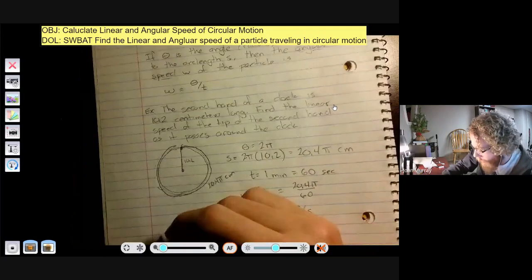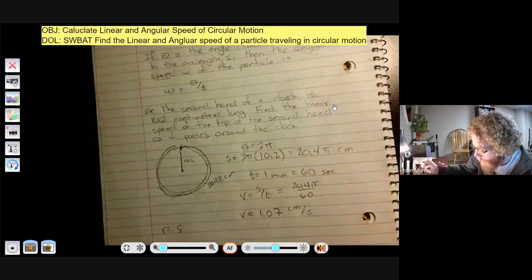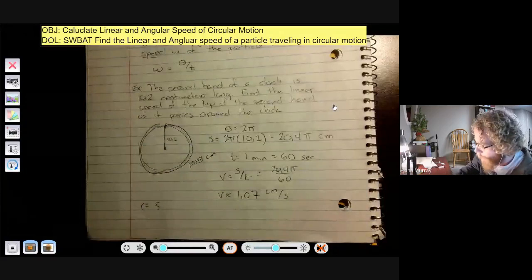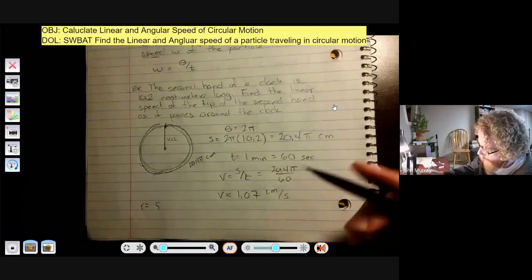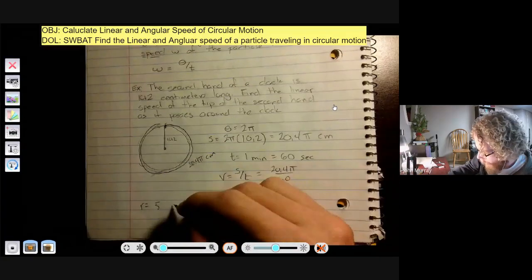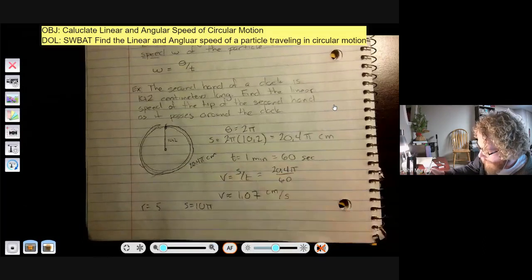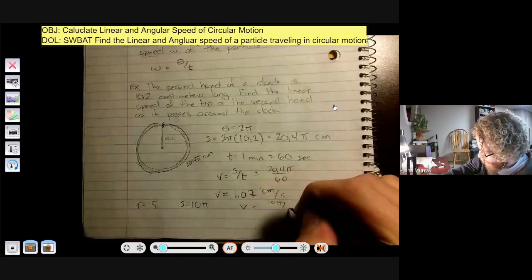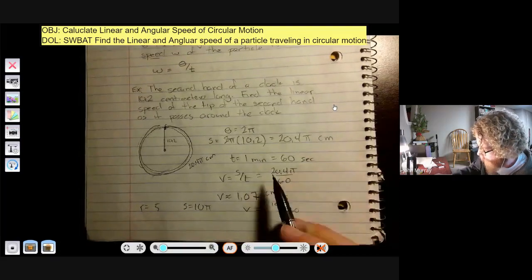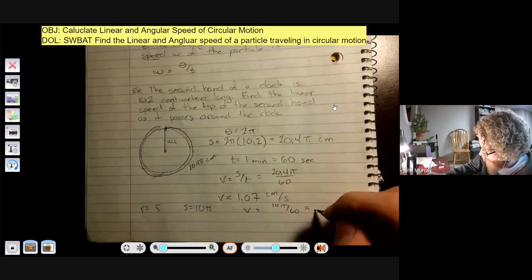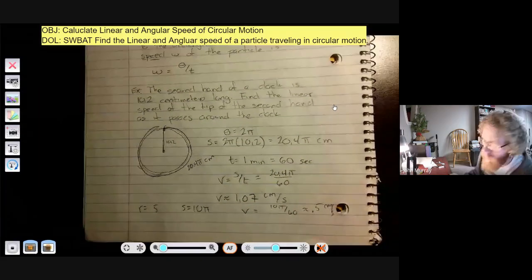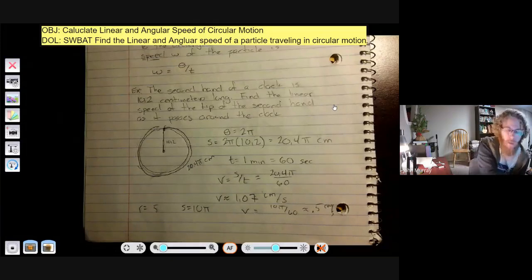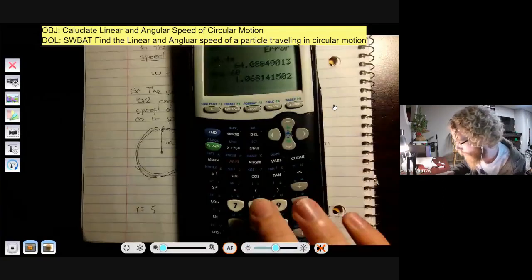If I had a radius of 5, everything else would be the same, and I would have my arc length being 10 pi, and then my linear speed would be 10 pi over 60, and we'd only have about 0.5 centimeters per second.